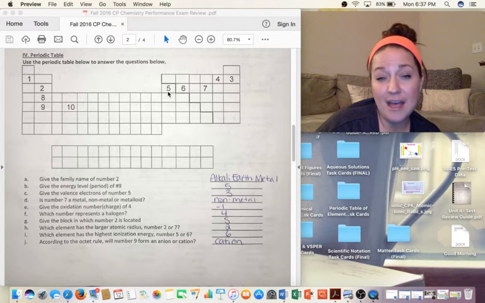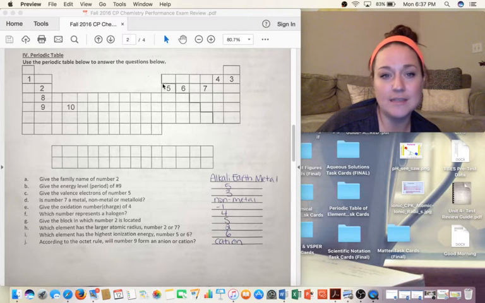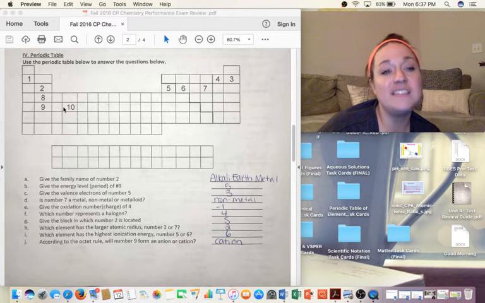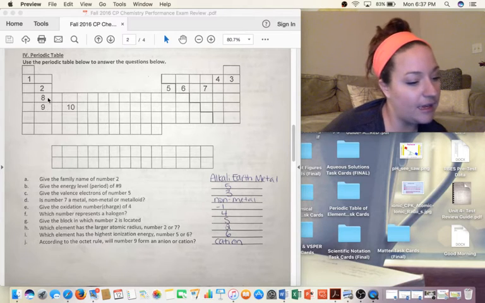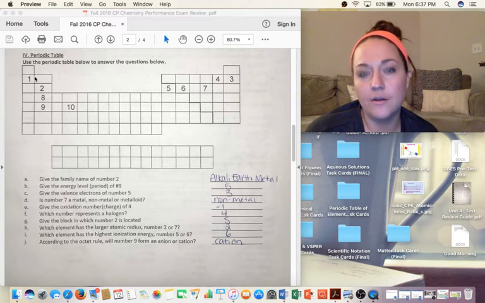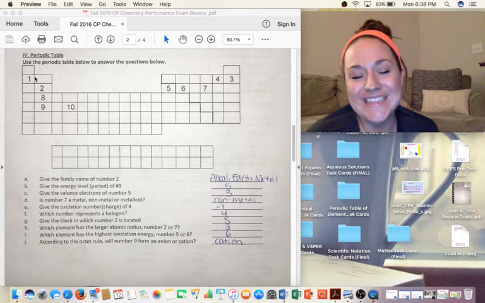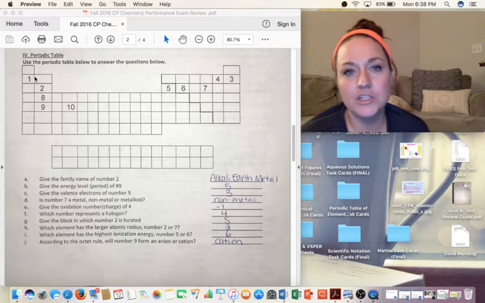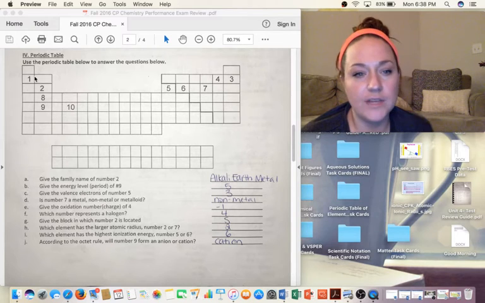Remember that 5 is aluminum. He is not a metalloid, even though he's touching those lines. 4, 3, non-metal. 10, 9, 8, 2, and 1 are metals. So please be able to identify and clearly distinguish which ones are which.